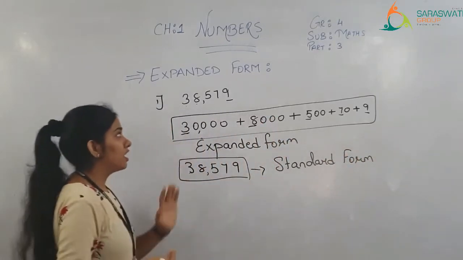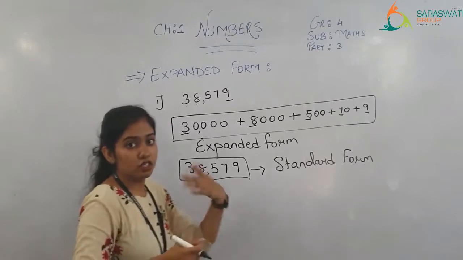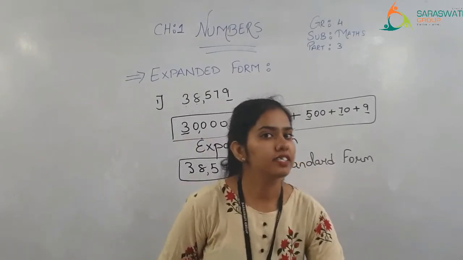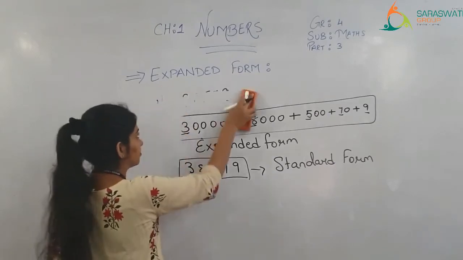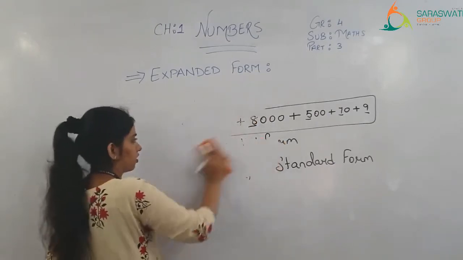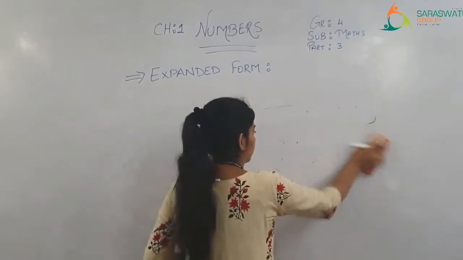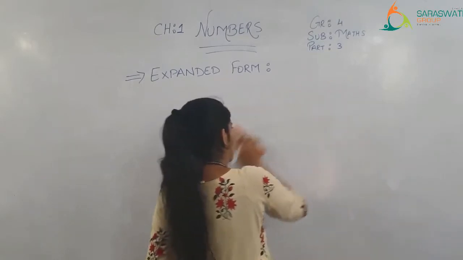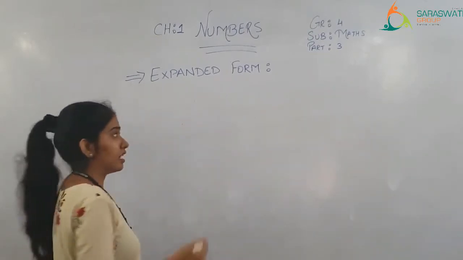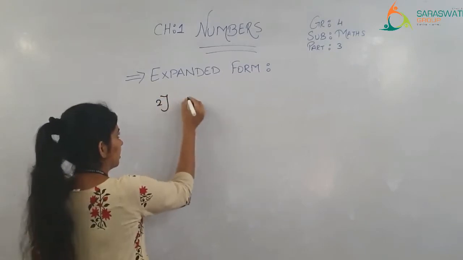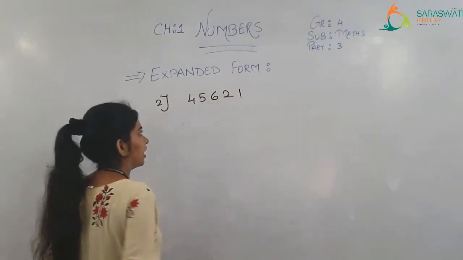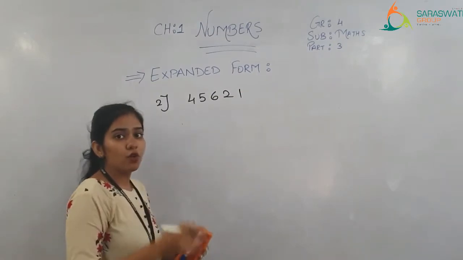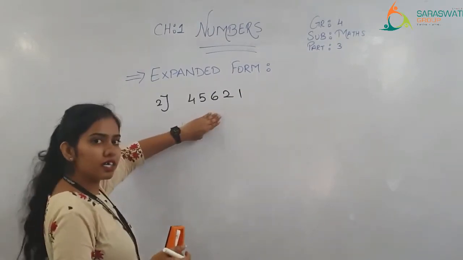Right? Now let's take another example so that you get a clear idea of this expanded and standard form. Now another example is 4, 5, 6, 2, 1. Now you have to write this in an expanded form.